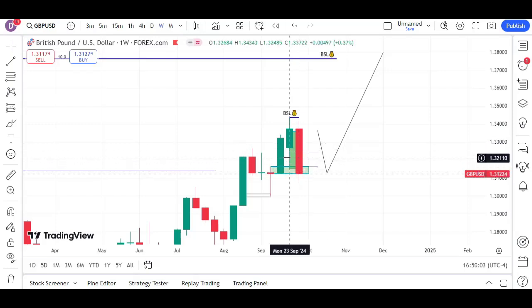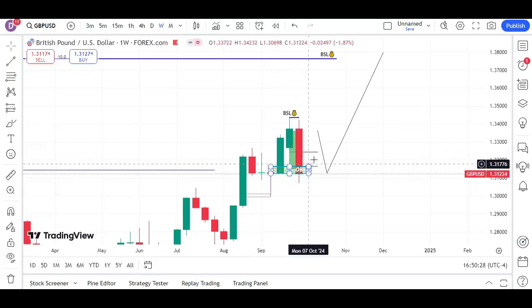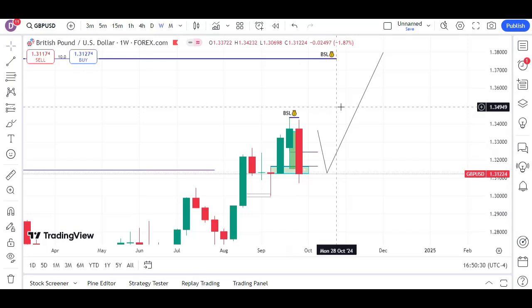I said I wanted to see cable. That was why I drew this box right here. Exactly what I was expecting happened. I said I wanted to see GBP USD for this week to open, then trade down into this order block right here. As you can see, I drew this order block, and then I wanted to see us respect it, and then we can start seeing higher prices.